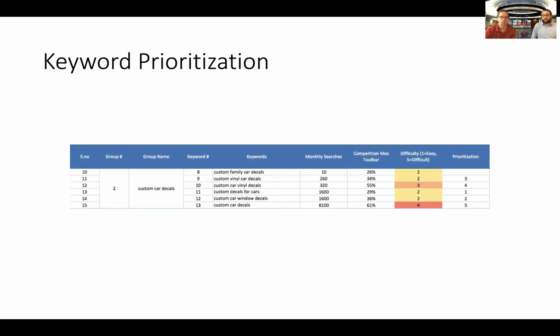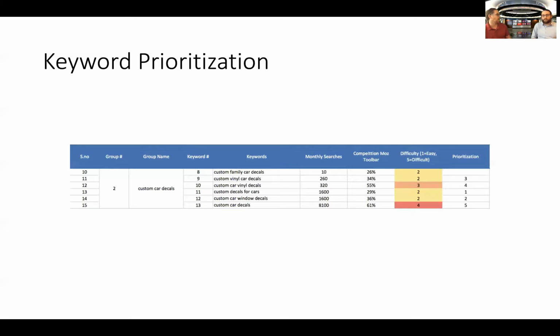Very close is the third ranked keyword, custom vinyl car decals, with 34% competition. Now look at the difference between those two, the second priority and the third priority. We're looking at 36% versus 34%. But again, 260 searches versus 1,600 searches.